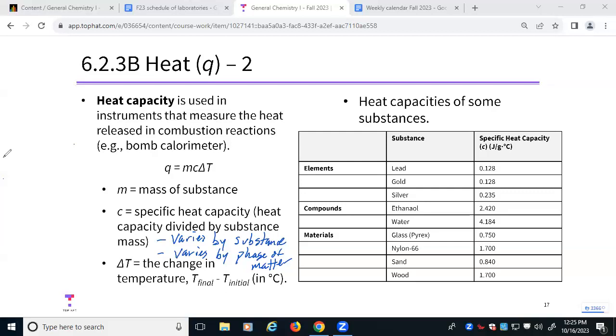But the concept is essentially the same. The only difference would be instead of mass times specific heat times change in temperature, it's going to be volume times what's called specific density, which combines specific heat and density together, times the change in temperature. Slight little micro wrinkles there. Overall concept's exactly the same though.